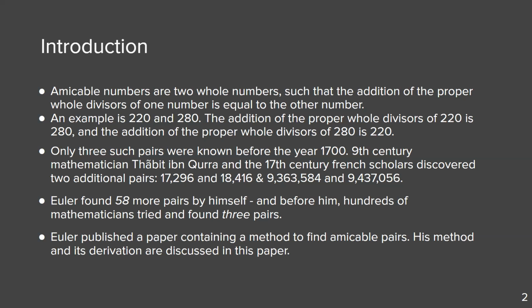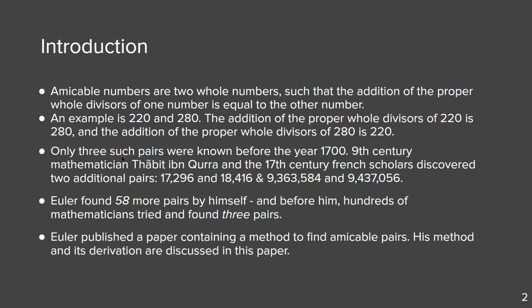For example, if we have 220 and 284, the addition of the proper whole divisors of 220 is 284, and the addition of the proper whole divisors of 284 is 220. By proper whole divisors, we mean all the divisors of a number except the number itself. For example, the proper whole divisors of 10 will be 1, 2, and 5.